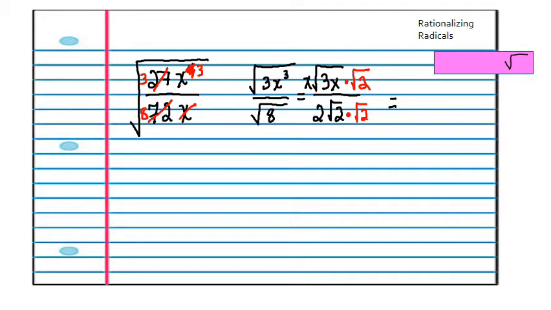And the result will be x square root 6 times the x over 2 times 2, which is 4. So that's just another one, rationalizing along the bottom. What you're trying to do is simplify some things and then make it rational by multiplying it by itself.